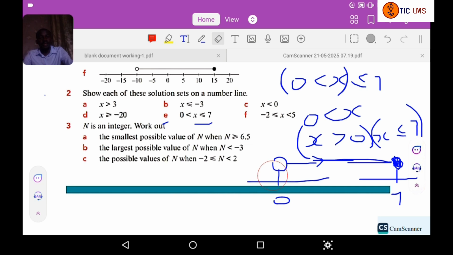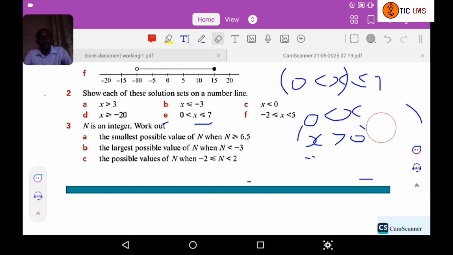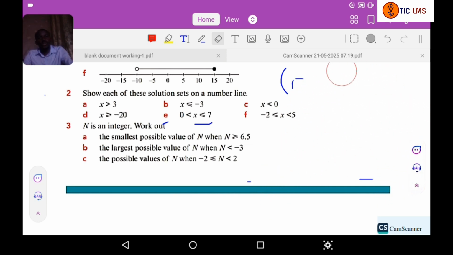All right, so lastly, let's quickly take on F for this question 2. For F, we have -2 is less than or equal to x, and x is less than 5. When you say -2 is less than x, it means that x is greater than -2.